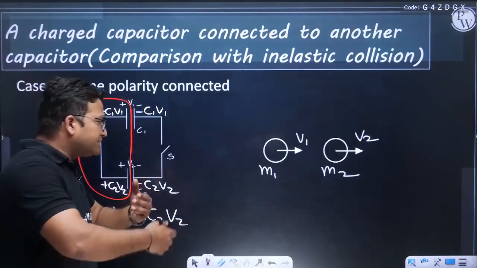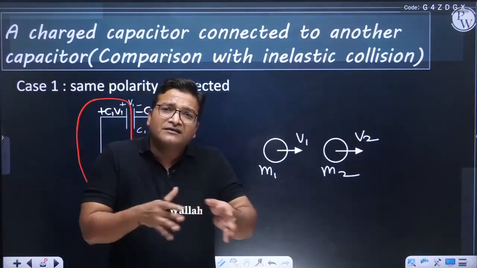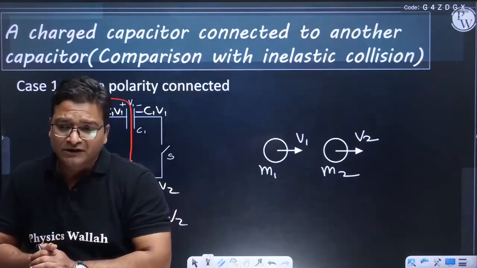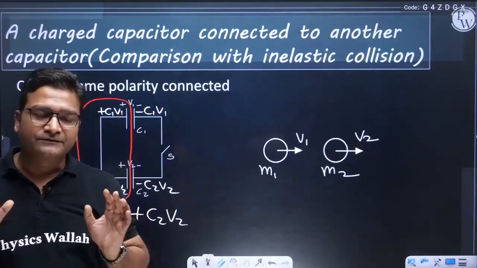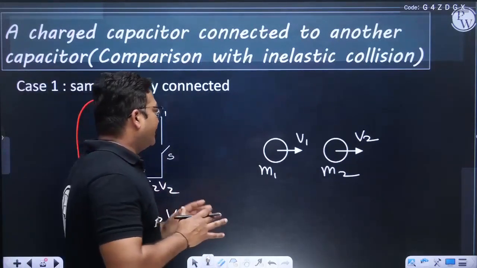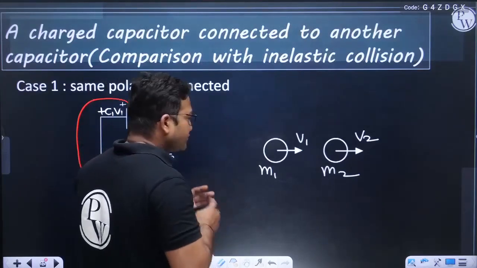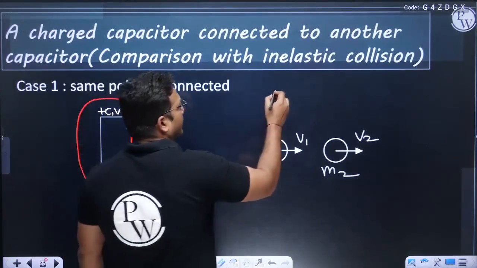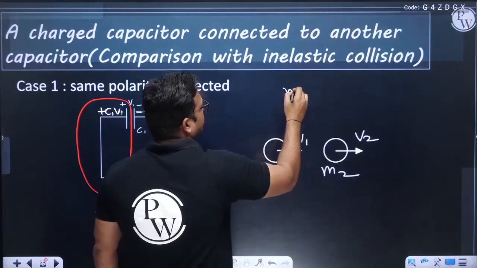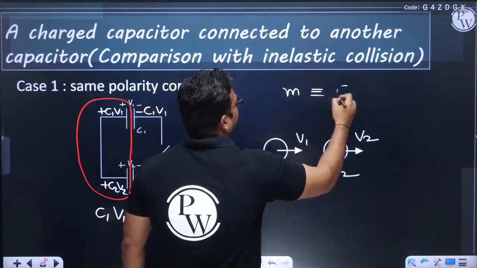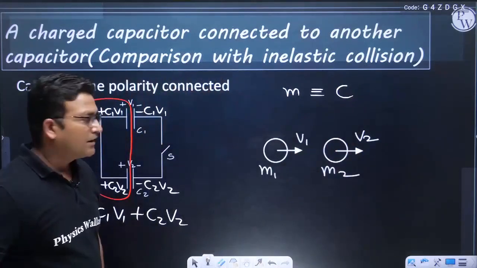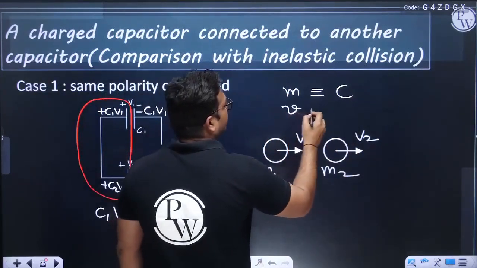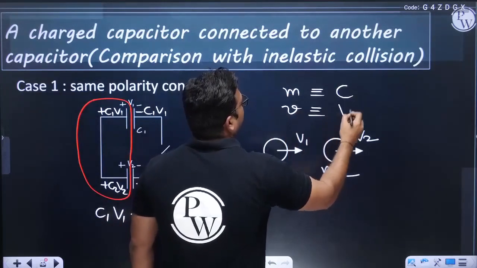Let me tell you, there is no conceptual relation between the two. It is only a mathematical relation. So let me tell you the analogy. You have to put mass in place of capacitance and velocity in place of voltages.